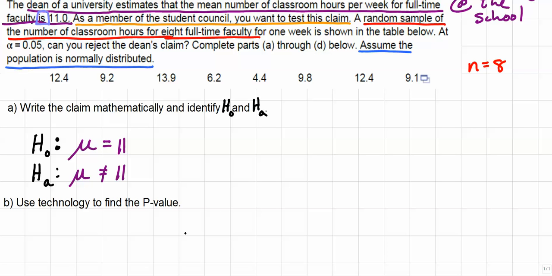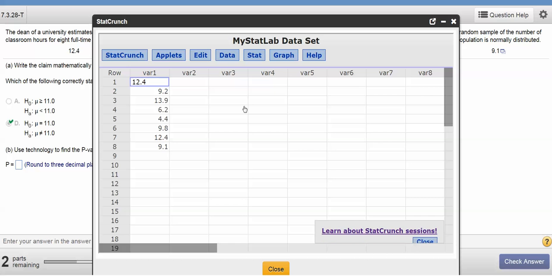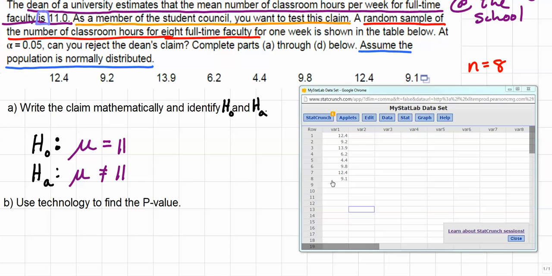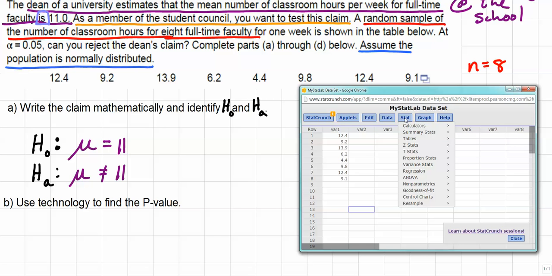You can do this using a number of different technological tools, but since StatCrunch comes integrated in our platform, you'll be able to actually perform some tests. So let me move this out of the way, and then we will look specifically at the values in StatCrunch and how we're going to use StatCrunch to find a p-value. Now once we've copied the data into StatCrunch, as you see over here, we will left-click the Stat button, and it'll give a pop-up menu.